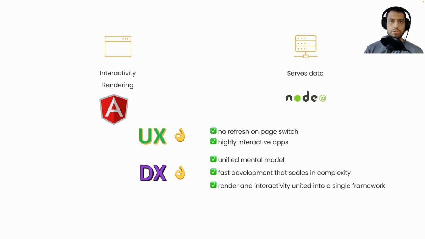For the users, you didn't have to refresh the page on each URL change. This is handled by the framework, and content is displayed dynamically. The apps are now highly interactive. And for the developers, unified mental model, you could quickly scale, quickly develop, and it's all done in one place. You don't have to duplicate logic, think about what should be done on the server, what on the client, and so on.